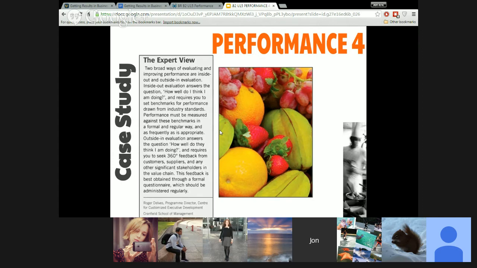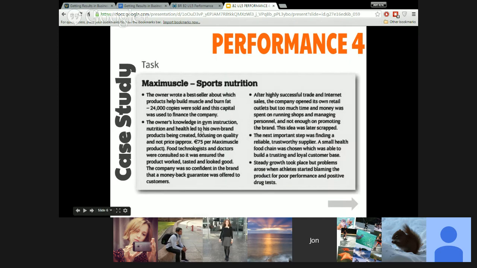Together, that equals a 360-degree feedback, I guess, because it's everyone. So outside in is more about the stakeholders. Keep in mind that kind of evaluation, because we're going to do an evaluation or an appraisal right now. And we might want to think about how to get better feedback.